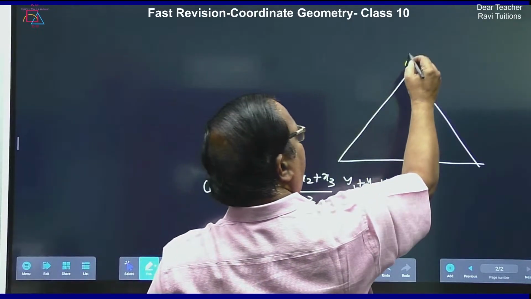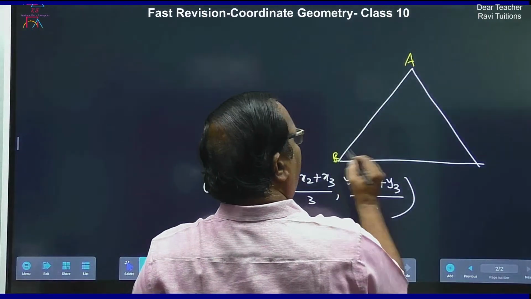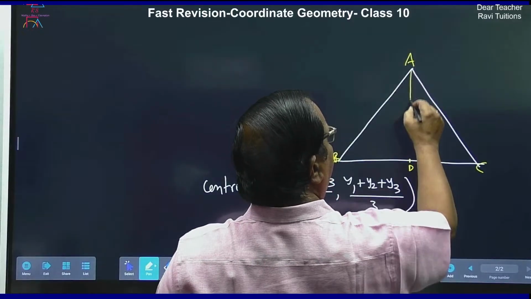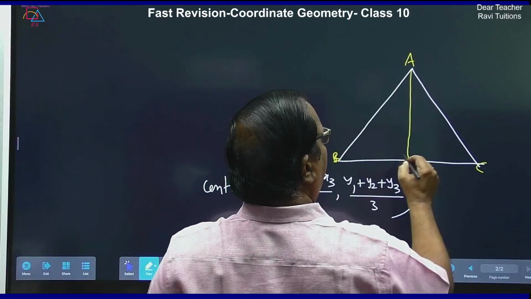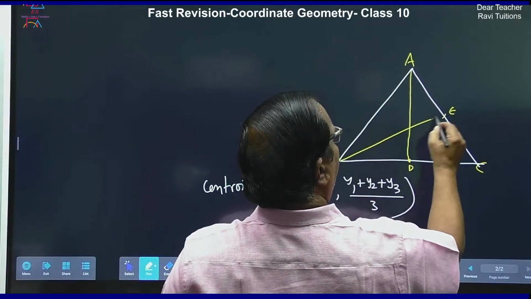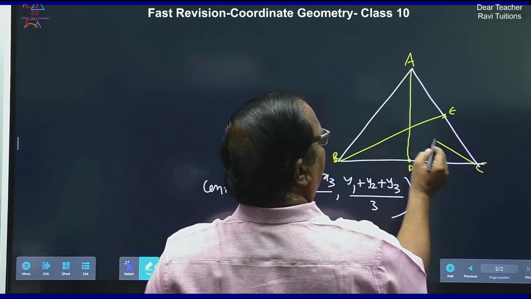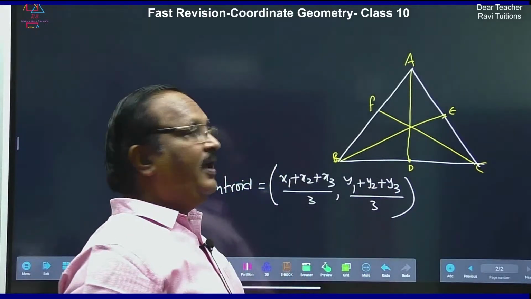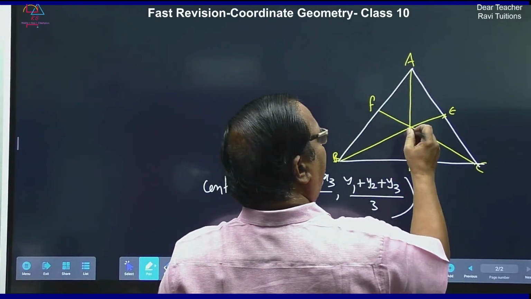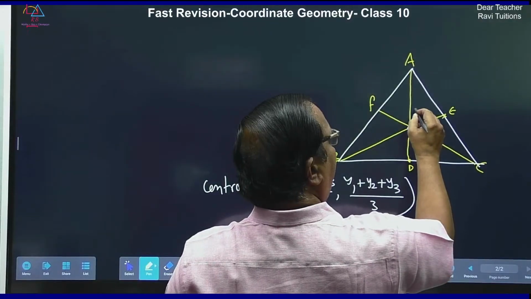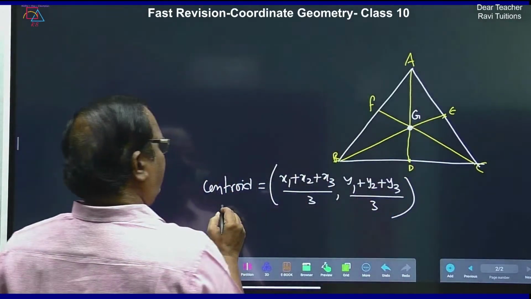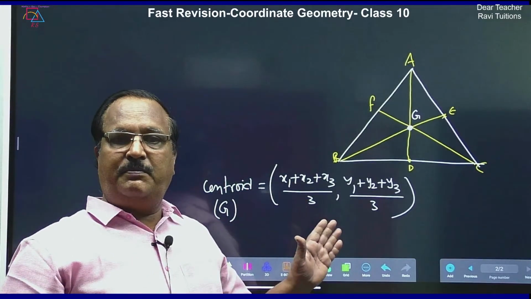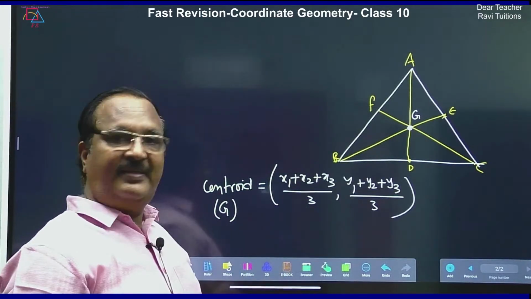If you draw a triangle and draw medians, this AD is a median, BE is one more median, and CF is one more median. All these medians intersect at a point, let us say G, and that G we remember as the centroid.